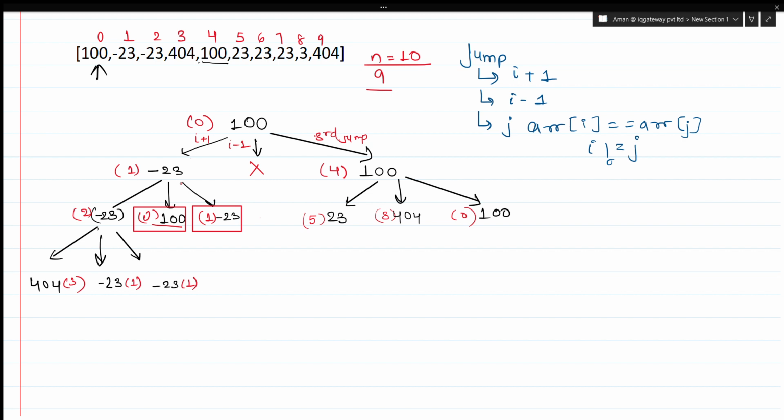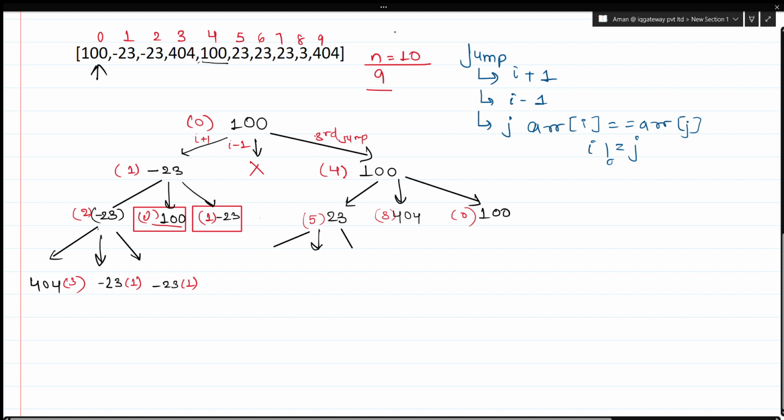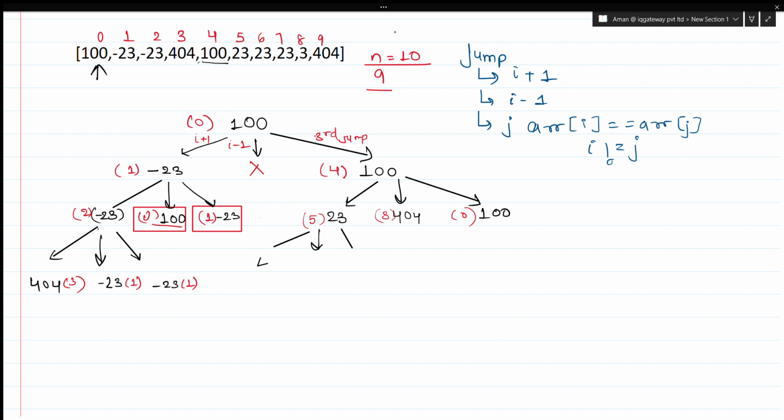Okay. If I see this 23 at 5, I still have three choices: I plus 1, I minus 1, and the same index. What will be this? I minus 1 will be 100, which is present at the 4th index. Oh, no, this is I minus 1. I need to go to I plus 1, which is 23, present at the 6th index.